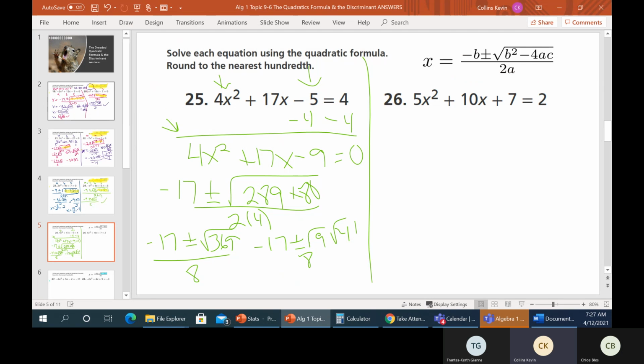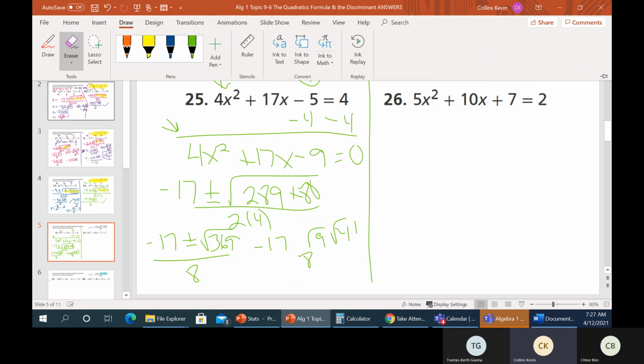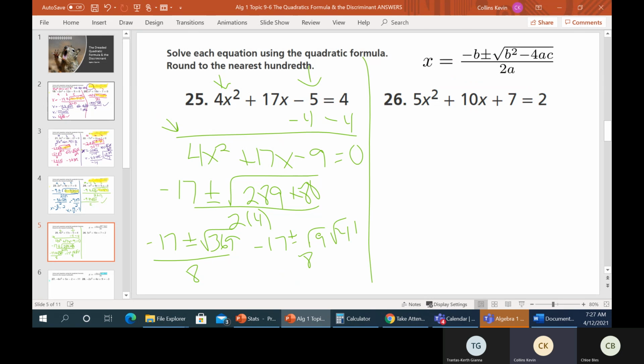The reason we pulled out the 9 is because the square root of 9 is just 3. So again, not a pretty answer, and that's all we can do to it. So x is finally going to equal minus 17 plus or minus 3 square root of 41 over 8. I know I'm kind of cramming it in there, but that's your answer.